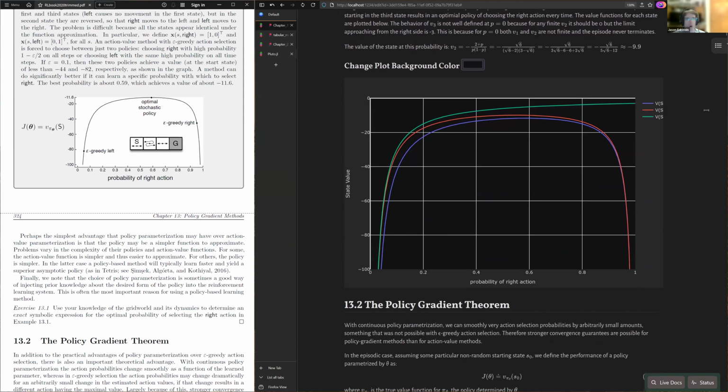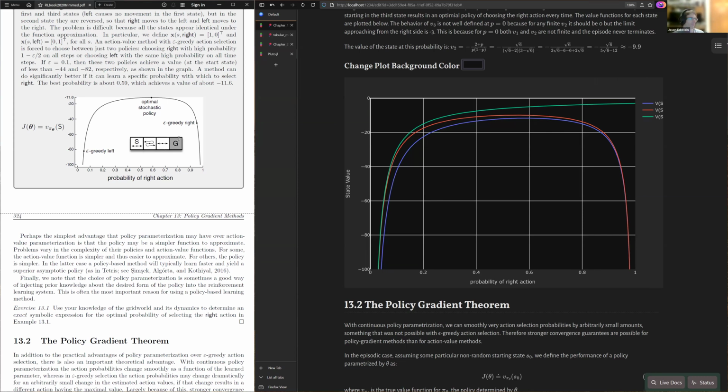And also it's worth pointing out in this example, because of this switch, right? Obviously, any deterministic policy fails for this example. Like you can see in this curve, the value goes to negative infinity when p is either 0 or 1. And that's because you'll just keep getting stuck.